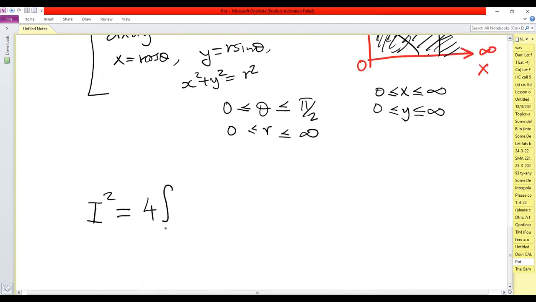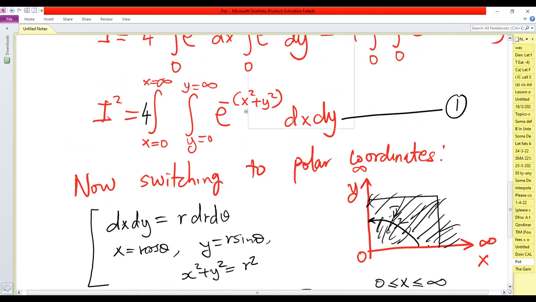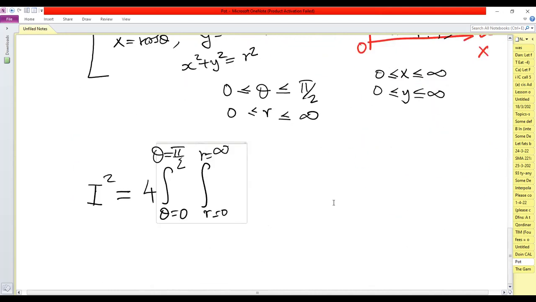Integral with theta from 0 to pi over 2, and r from 0 to infinity, of e raised to power negative r squared, then r dr d theta.